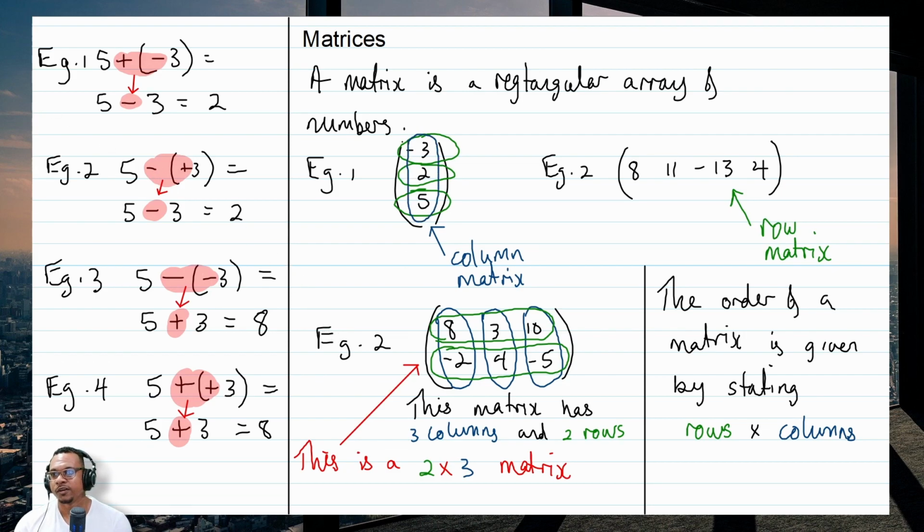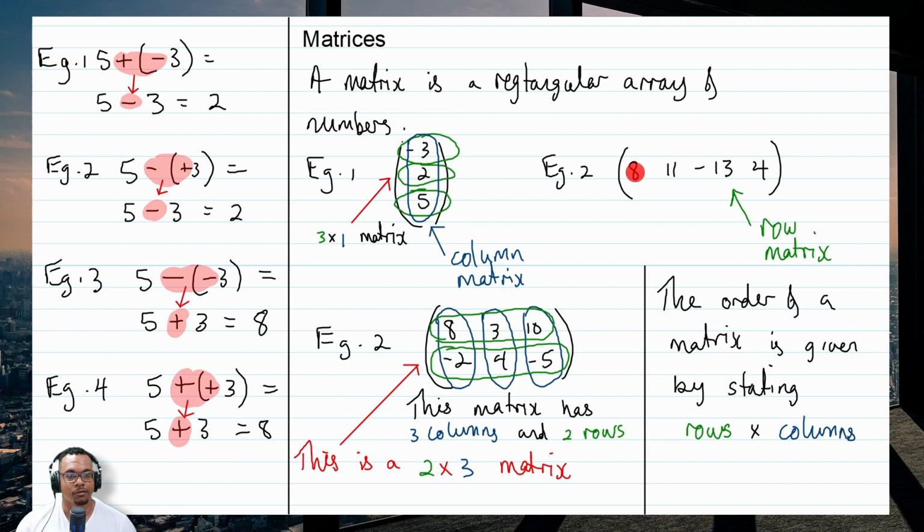So the order of this matrix is 3 rows and 1 column. So this is a 3 by 1 matrix, because we have 3 rows and 1 column.